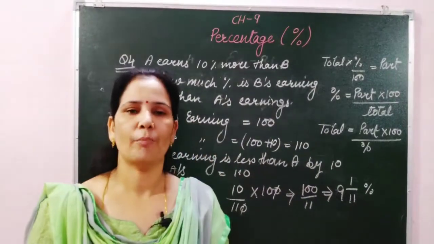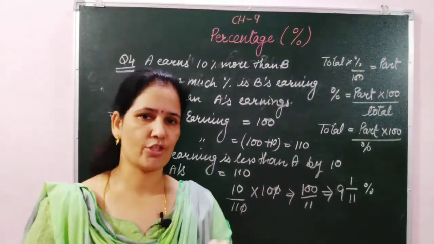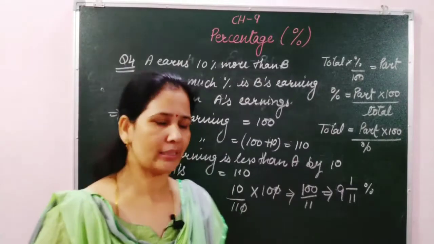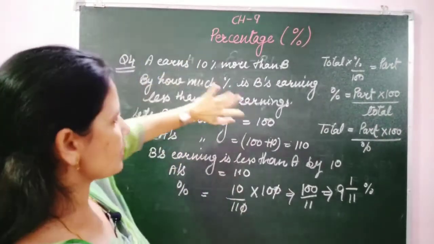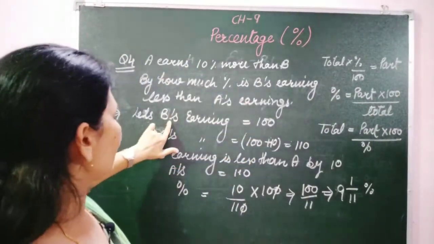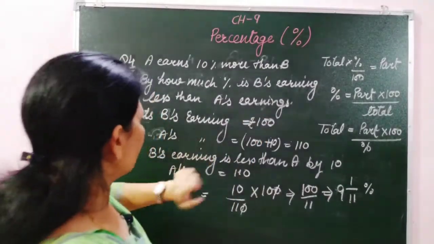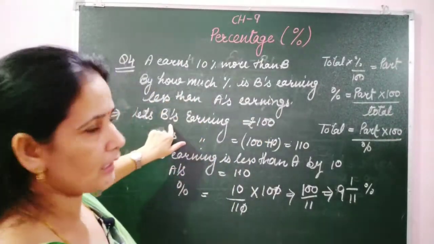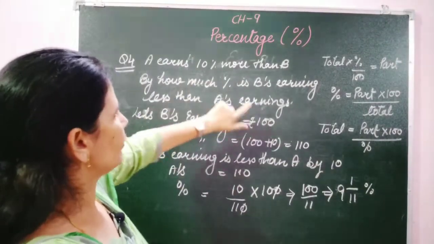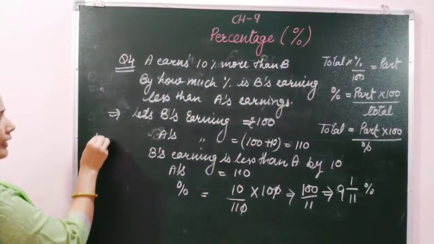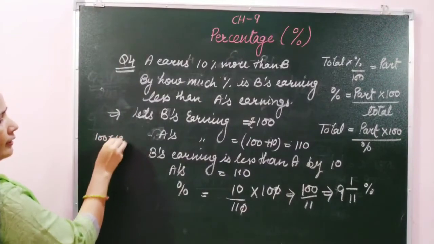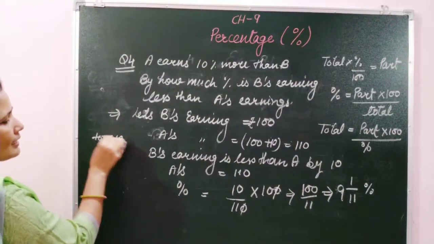This is a little bit complicated question, but if you pay attention, you are easily able to understand. Pay attention. First, in this question, what we did, we assumed B is earning rupees 100, and A is earning 10% more. So if we find 10% of 100, that of course means rupees 10.